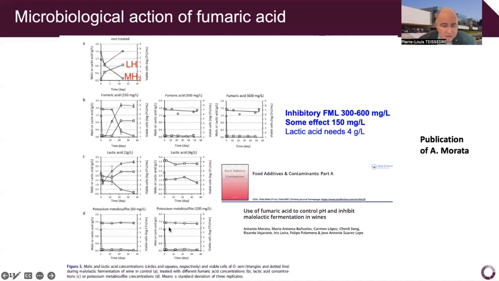The second point is that if you use a lower concentration than 300 milligrams per liter, you can see that the effect is not exactly the same, and there is some difference and evolution in the malic acid in comparison with the correct concentration between 300 and 600 milligrams per liter. So the use of fumaric acid to control pH and inhibit malolactic fermentation in wine is possible.